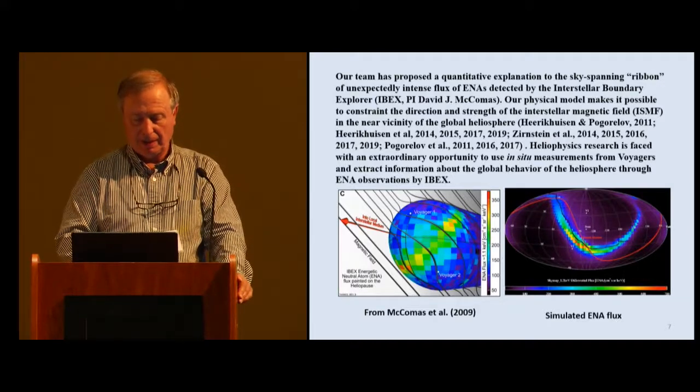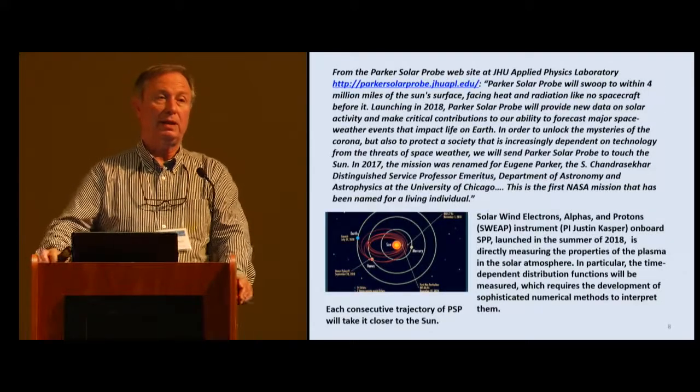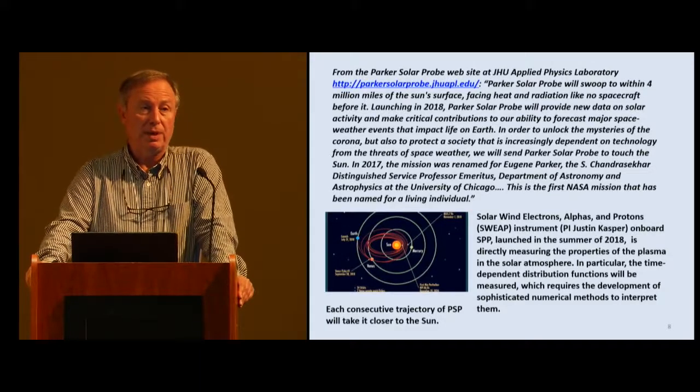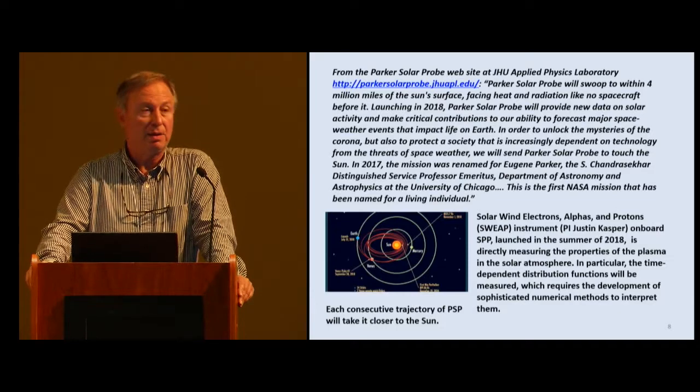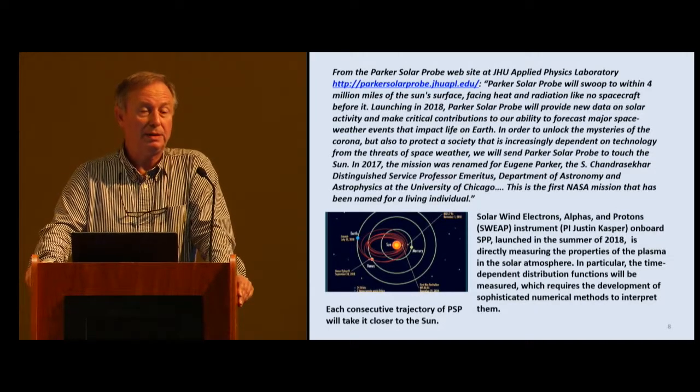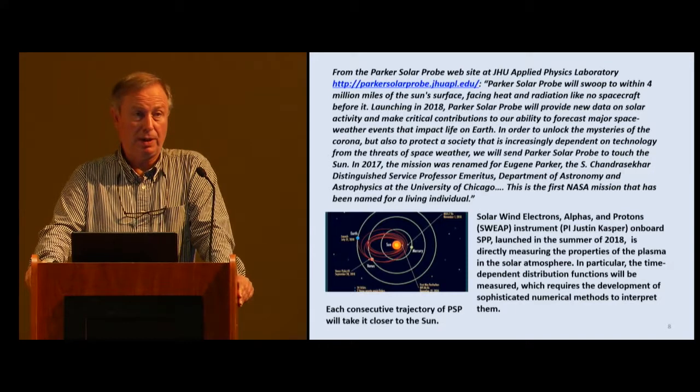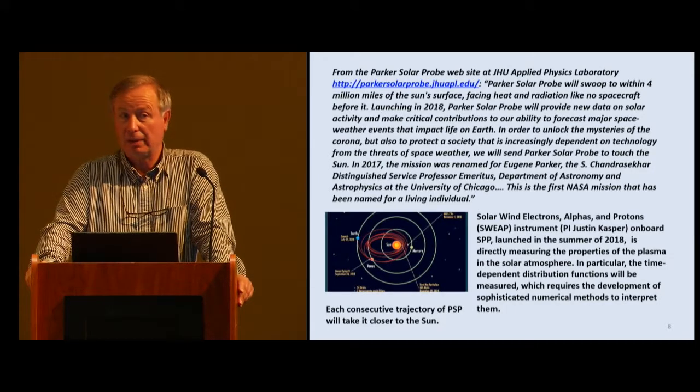That's very interesting. So, recently launched in the summer of 2018, the Parker Solar Probe is just another fantastic mission, in which the spacecraft will successively approach the sun to distances below 10 solar radii.